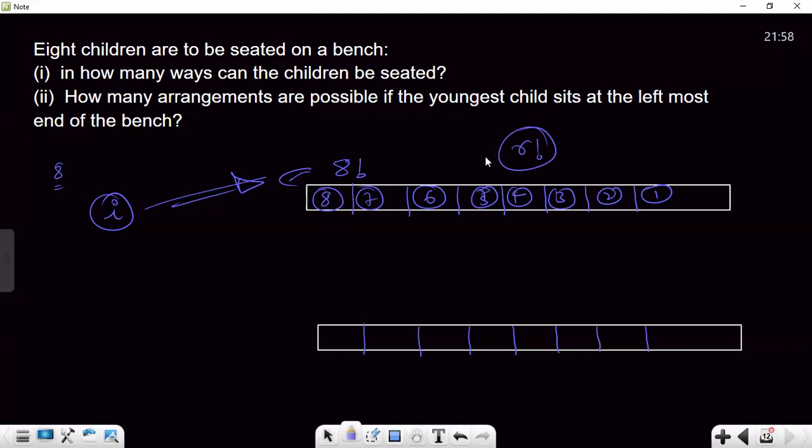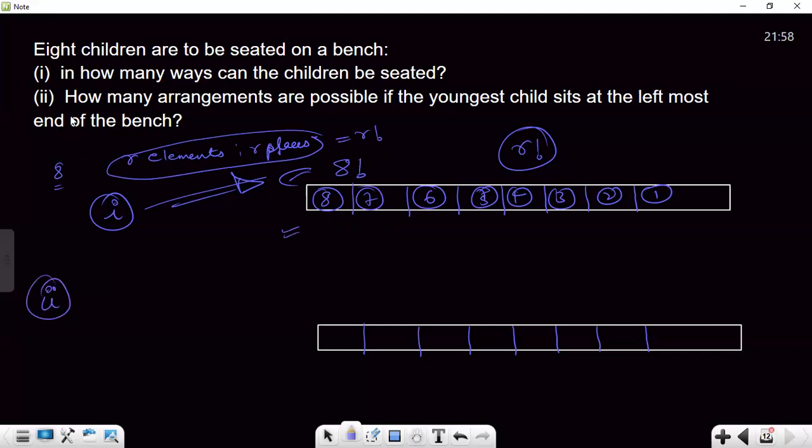Yes, sir. R elements, R spaces or places, total number of arrangements will be R factorial. That's the basic formula, which I have already talked about multiple times.